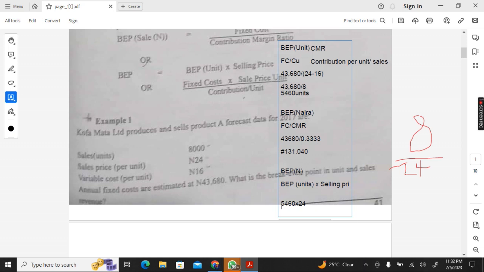You can see now that we have 131,040. It's the same thing. So it's not left for us to choose the one we can use, it's the same thing.